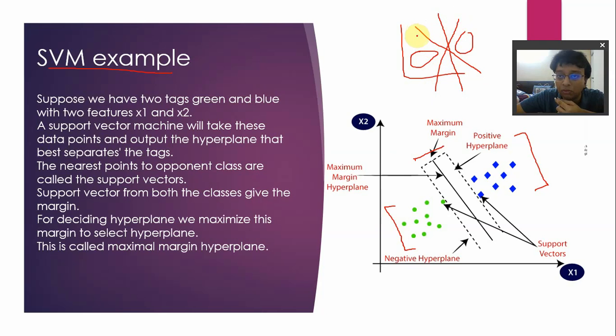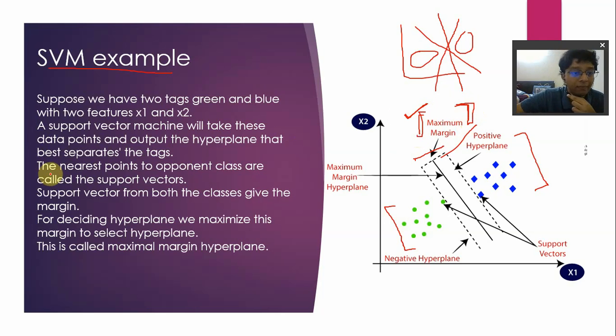The orientation could be anything. But then why did we choose only this line as the hyperplane and not this or this? The reason being that we find the maximum margin, that is the maximum distance between the support vectors. There will be only one such maximum margin that will be found, and only that respective hyperplane in that maximum margin will be used for classification in the SVM algorithm.